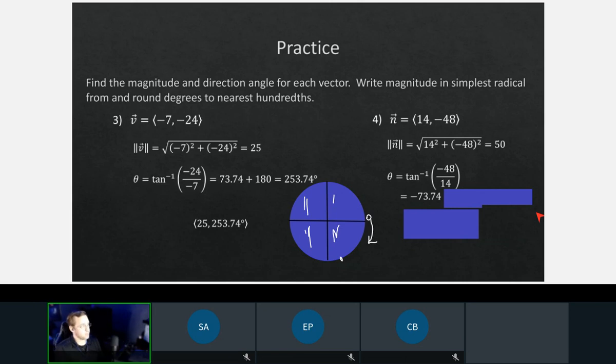We just add 360. If we do a full rotation, we are back to where we started with a different number, the coterminal angle. It looks different, but it has the same value if you were to type it in. So we add 360.